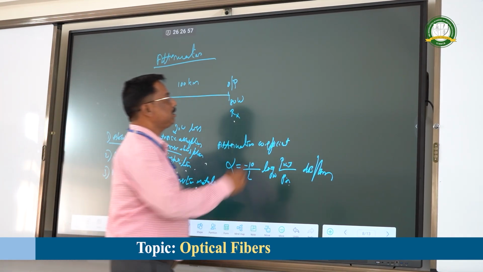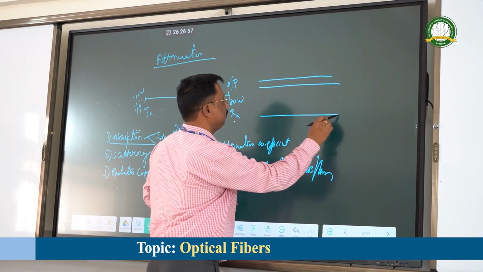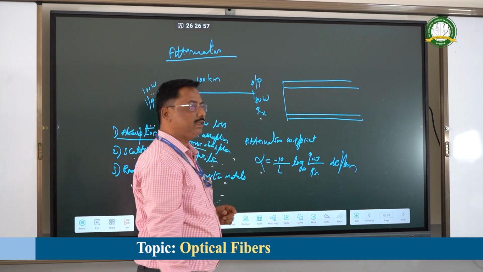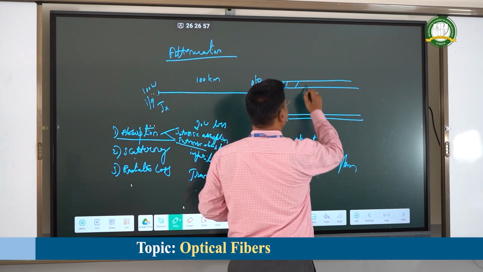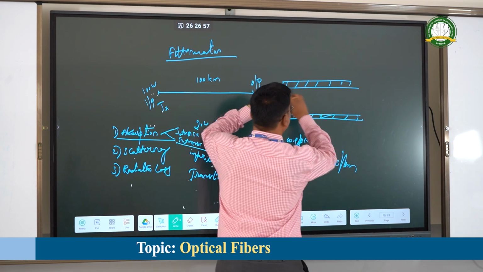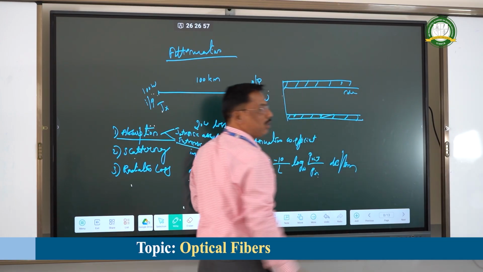Scattering means, suppose you consider an optical fiber here. Always the core should be uniform, the density of the materials should be uniform throughout the optical fiber.